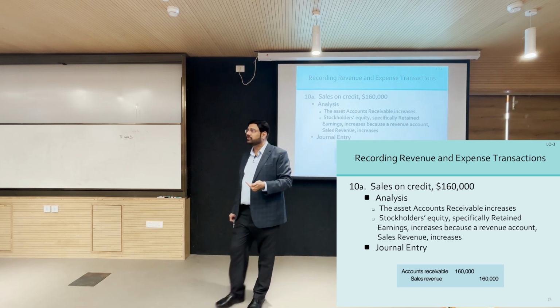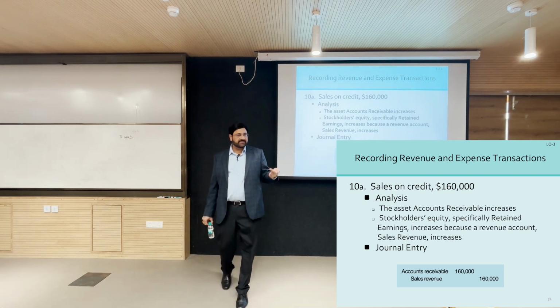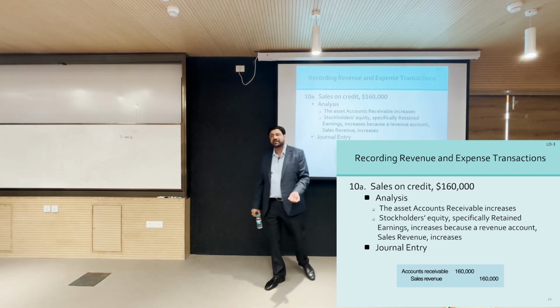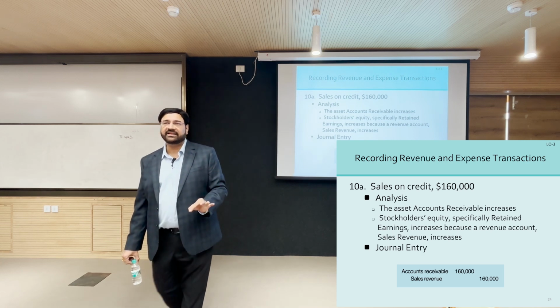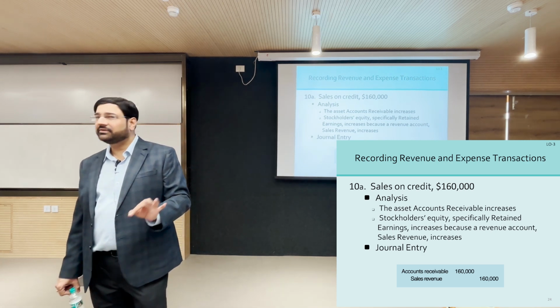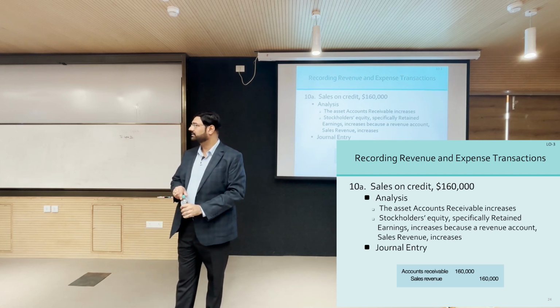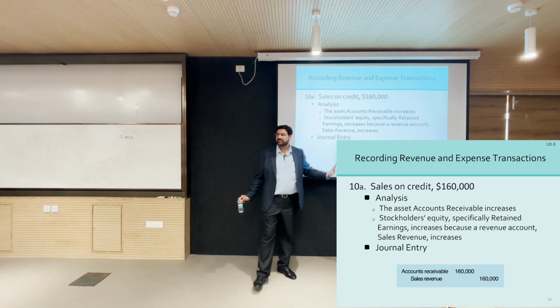What is debited depends on whether it is a cash sale or a credit sale. If it is a cash sale, cash account is debited. If it is a credit sale, accounts receivable is debited. Are we all clear? So, in this case it was a credit sale, so accounts receivable is debited.